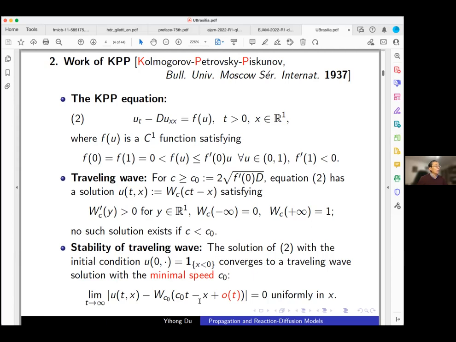So roughly speaking, they proved that the solution u for large t really looks like this traveling wave moving with t.